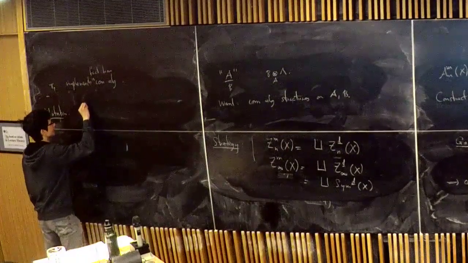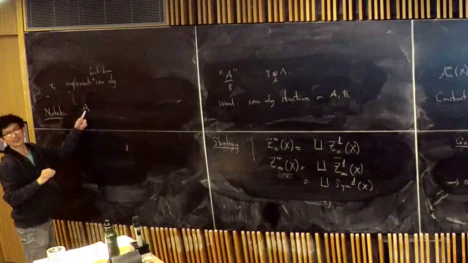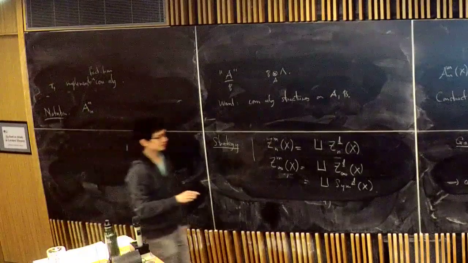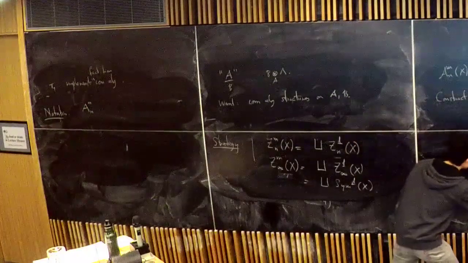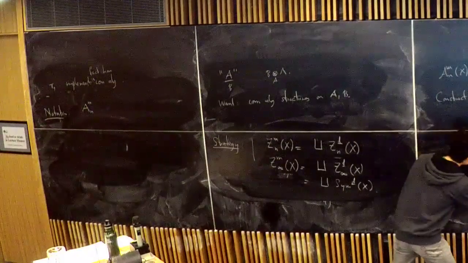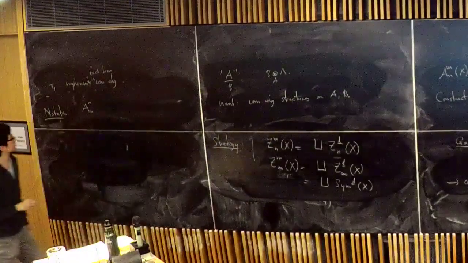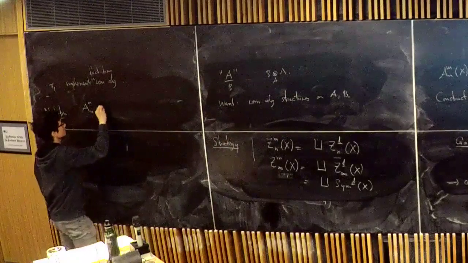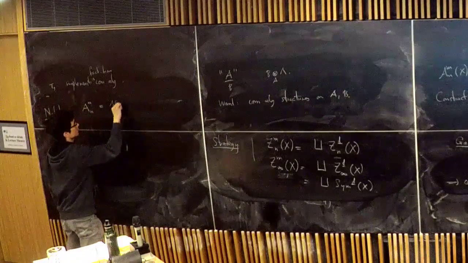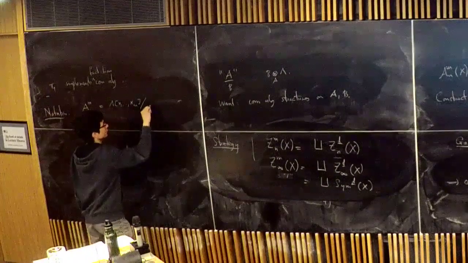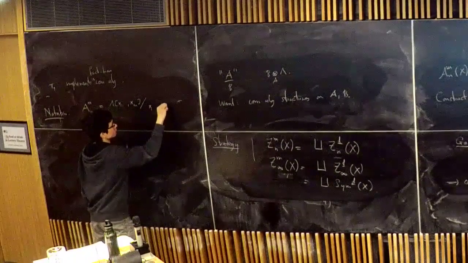Maybe now I have to be careful. I'm going to have A straight, and then here should be curly. So the curly guys are homology, and the straight guys are coefficient. So this thing is just x1 over to xn, mod out by x1, xn.